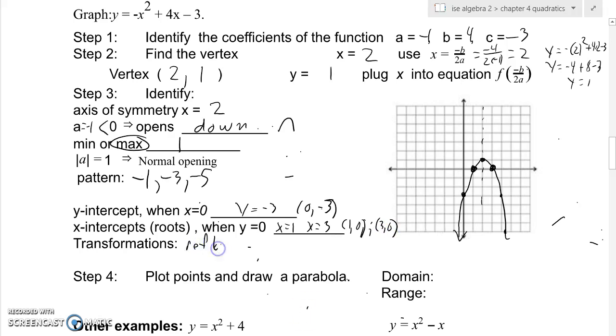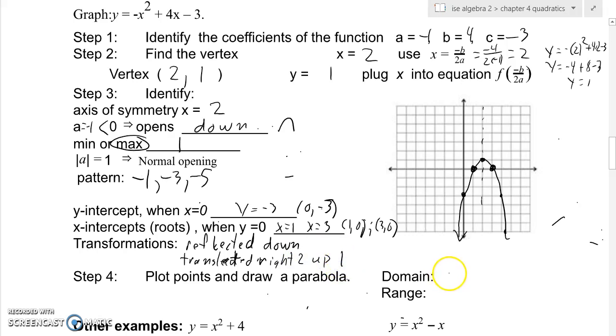That was the step that I actually forgot the first time. And then we translated right 2 and up 1.